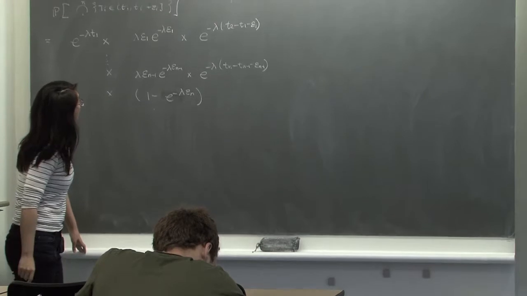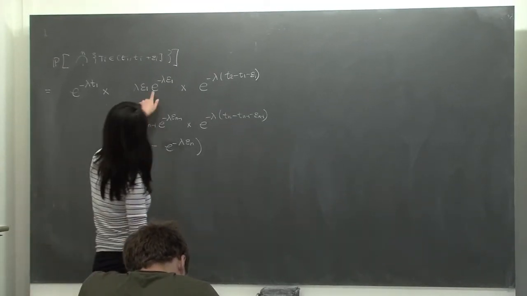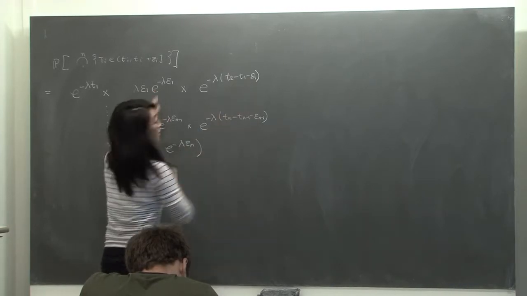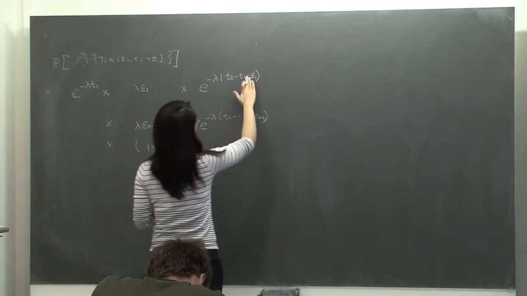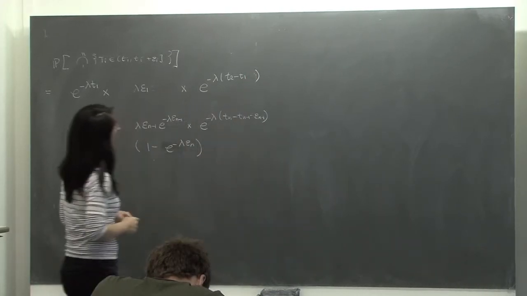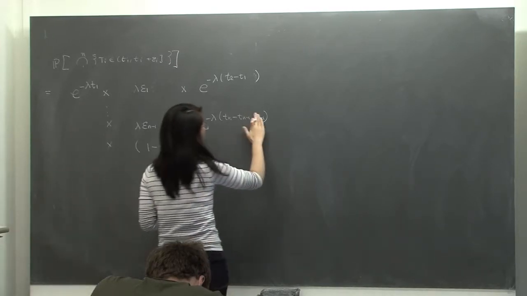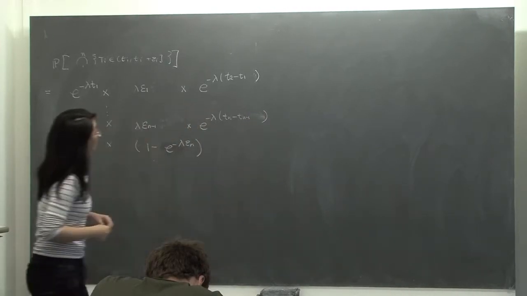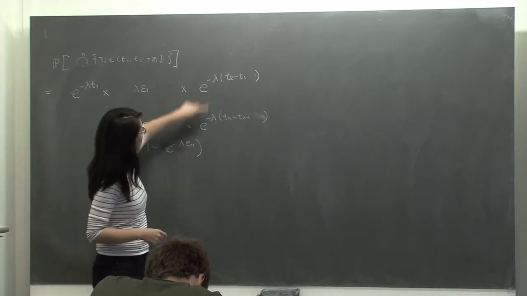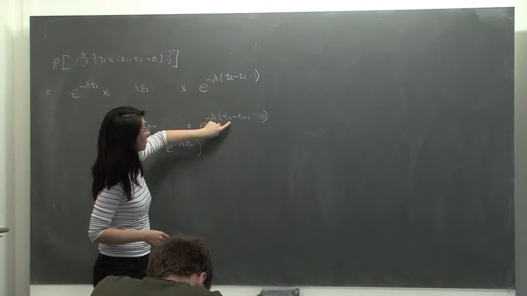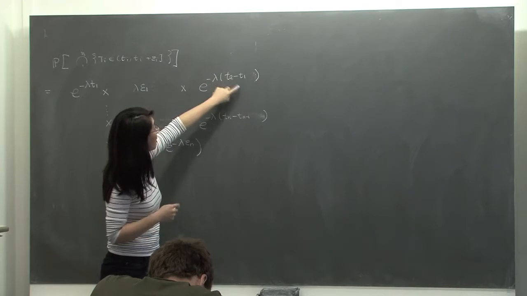And now we rearrange this probability. First, this term and this term cancel each other. And now consider this exponential. The product of these exponentials corresponds to the summation of the exponents, and then it just cancels one by one.